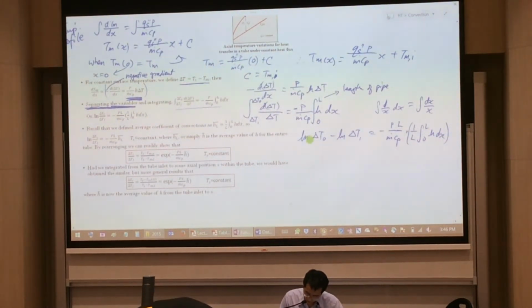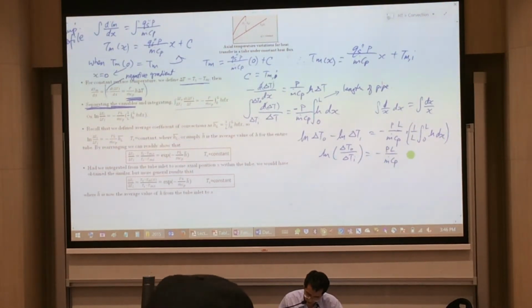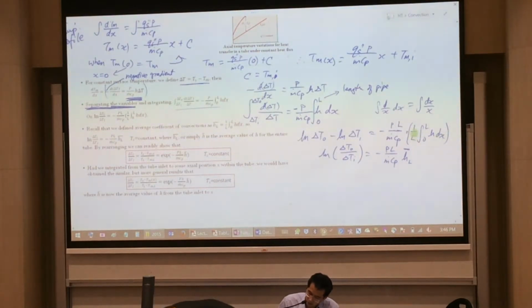So ln minus ln, you can compress it: ln of delta T o over delta T i. The constant is going to stay, and this is our h bar, the average heat transfer coefficient along the length of the pipe. That is the part that we are trying to go after.